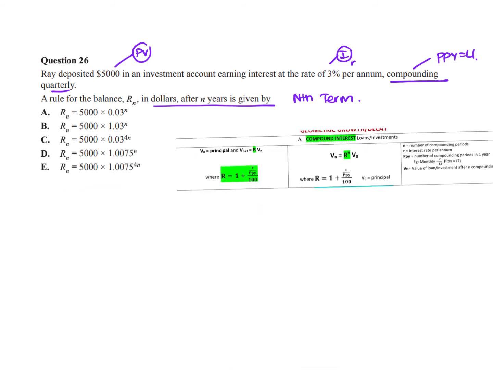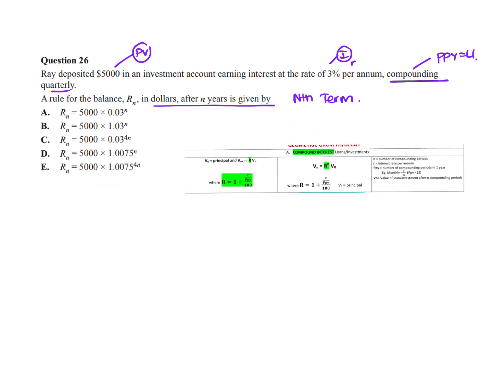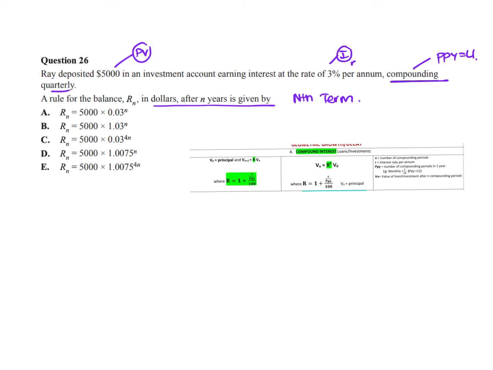I'm just dropping this in here so you can see what I'm using. Now, it's asking me for the nth term. Remember, this column is the nth term. So I need to write the formula. Now, they're not using V, they're just using R. Same thing. So for me, Rn equals, now, I see here, I need this R. This R, and it shows you how to work that out right there.